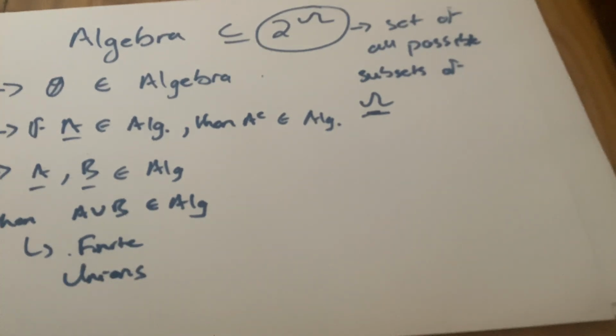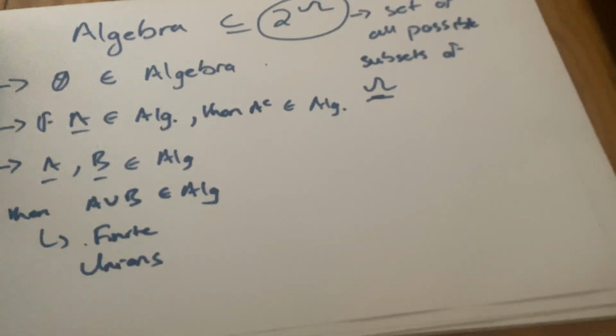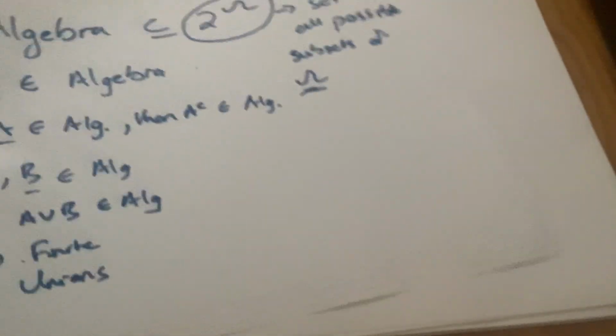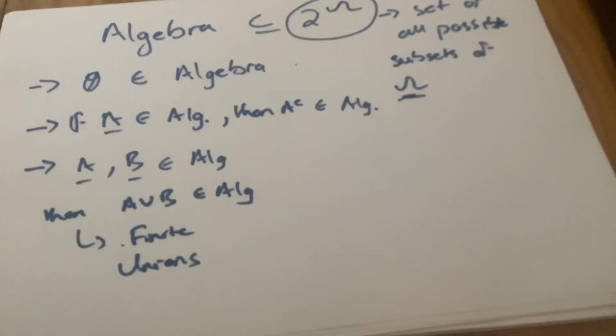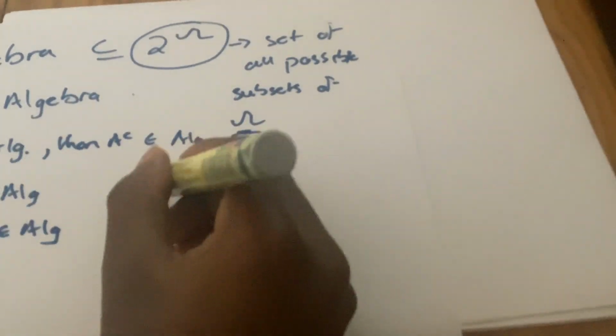So an algebra will be a subset of the power set that satisfies these conditions. The empty set has to be in there. If A is an element of the algebra, then A complement must also be an element. If A and B are elements of the algebra, then the union must also be an element. And all finite unions of elements in the algebra must also be elements of the algebra. Right, so we further have what we will then call a sigma algebra.